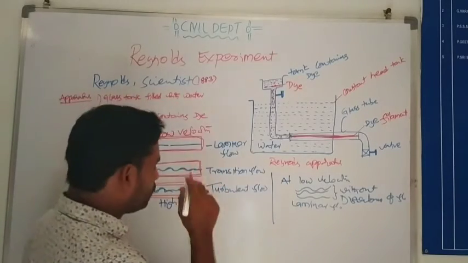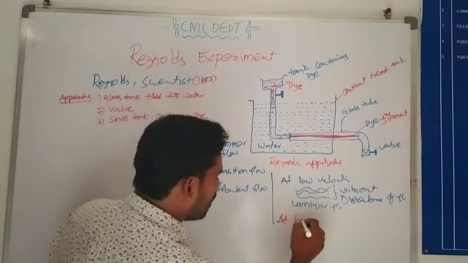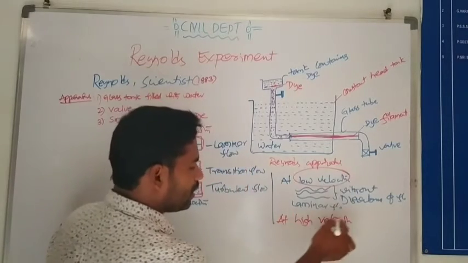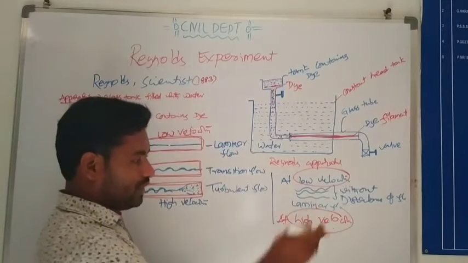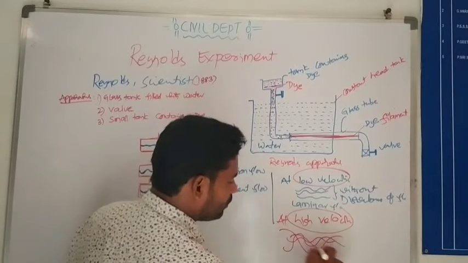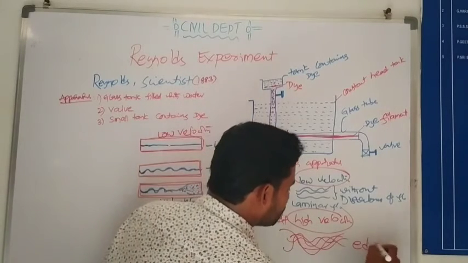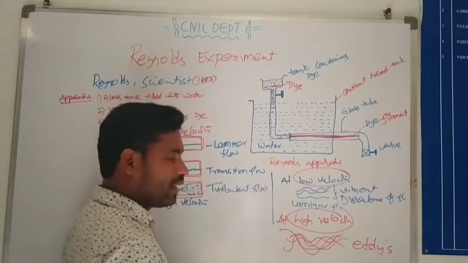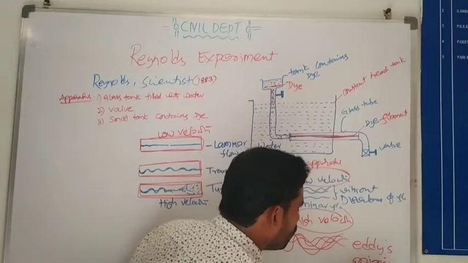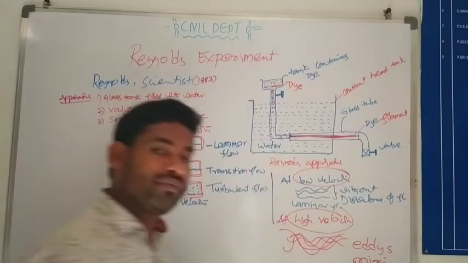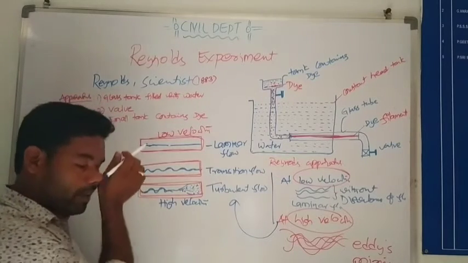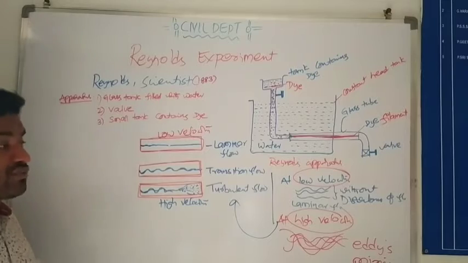And coming to turbulent flow, at high velocities, the liquid flows overlapping the layers with disturbance of the flow, with the formation of eddies. These are all mixing and overlapping of the flow. So that is called turbulent flow.